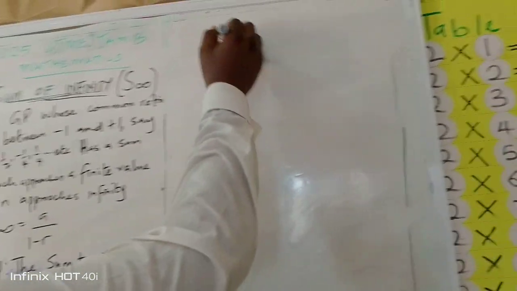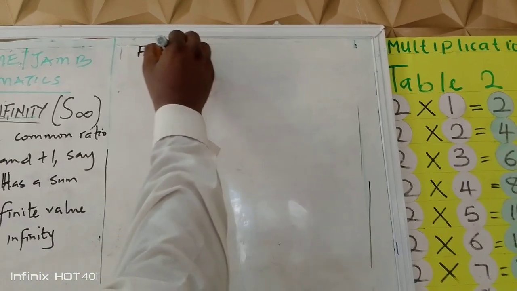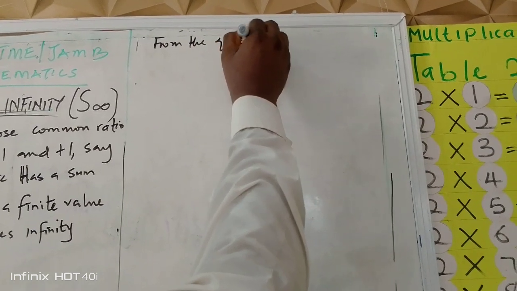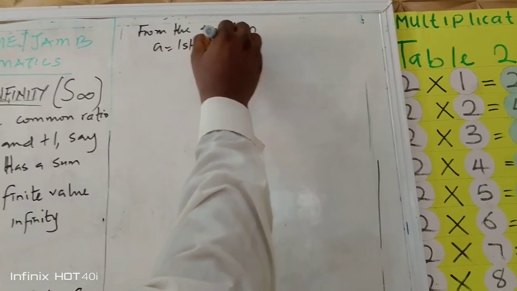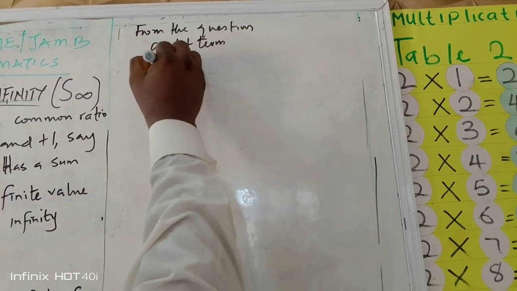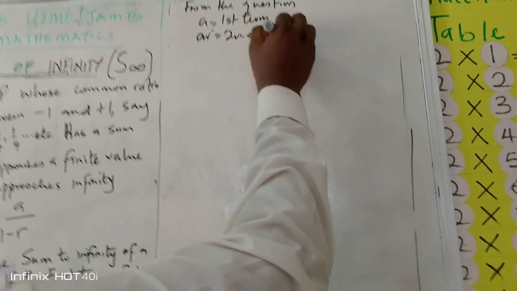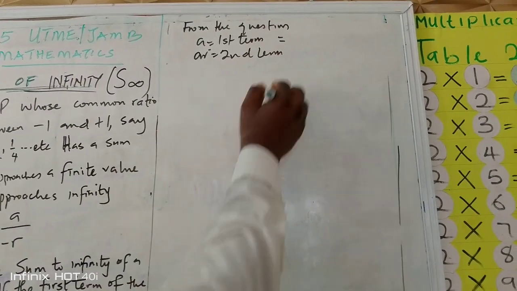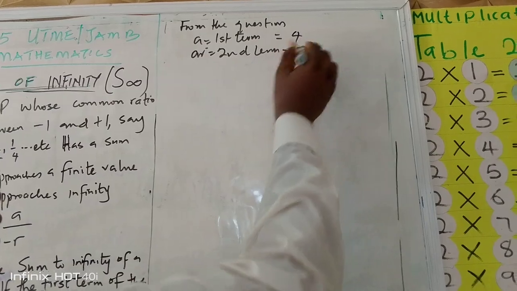From the question, a is called the first term, and ar is called the second term. The first term we're given here is 4, and ar, the second term, is 2.